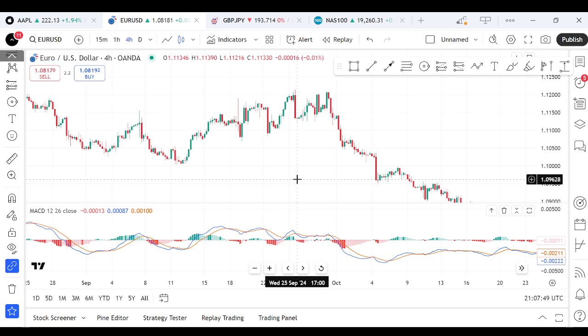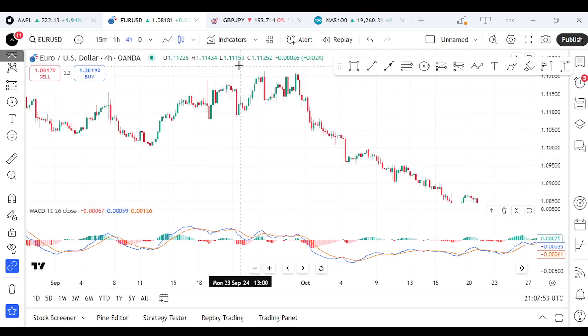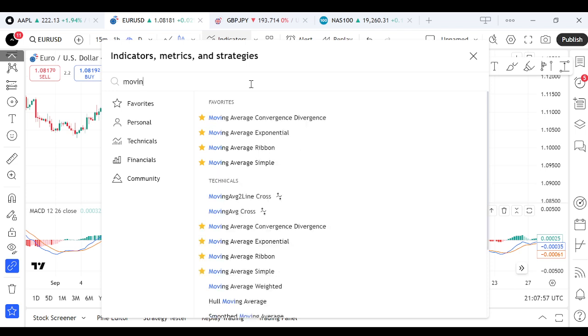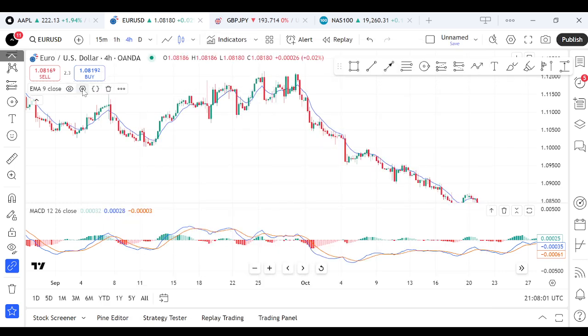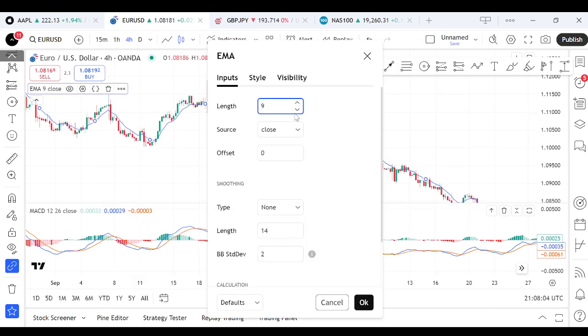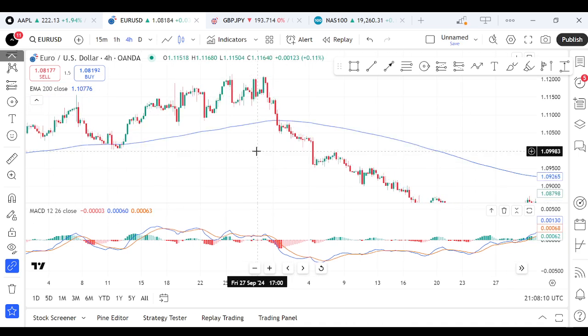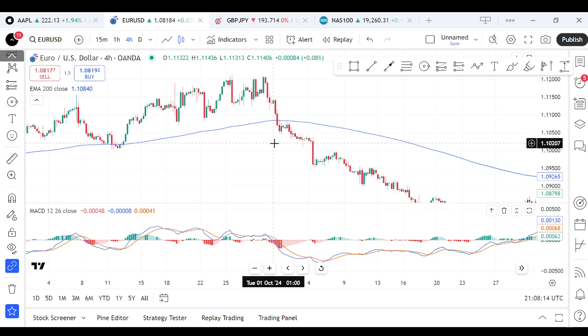This will help you assess the trend better, and you can also use indicators like the moving average to assess the trend. I'm going to use the exponential moving average, and you should use the 200 period moving average to tell the trend, whether we are bullish or bearish.